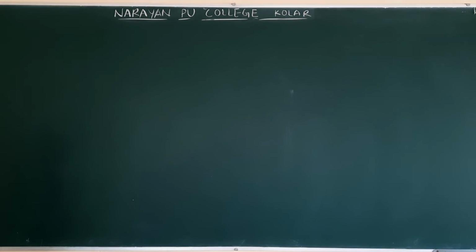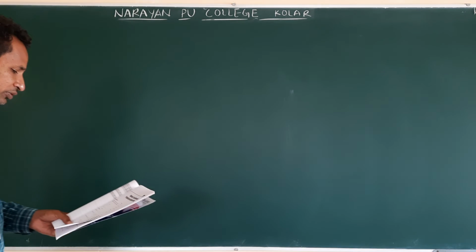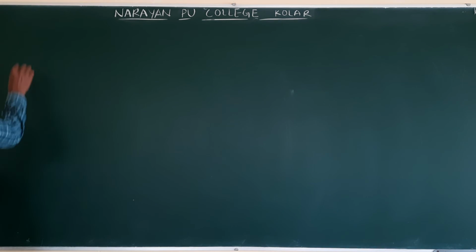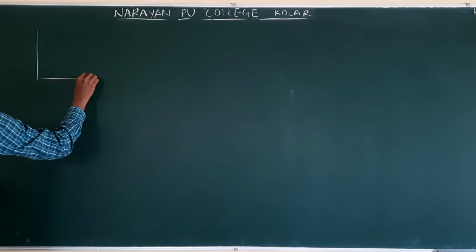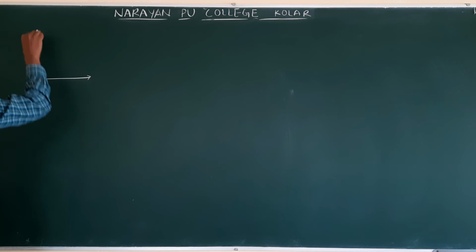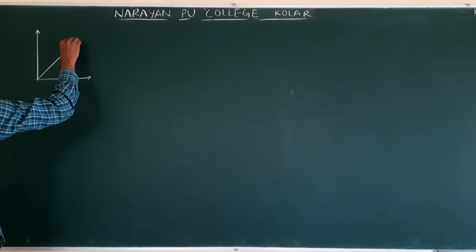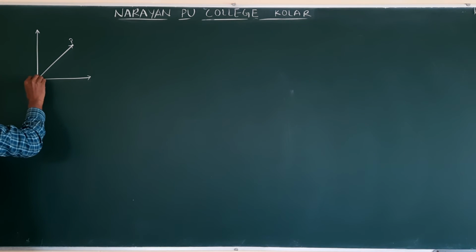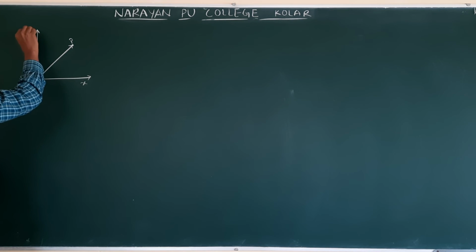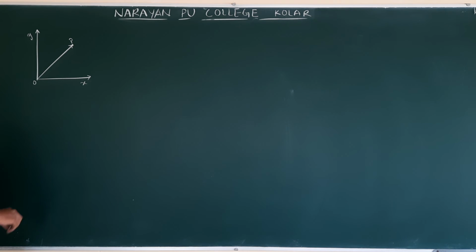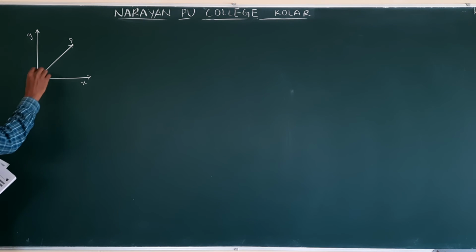Okay, first they give a position vector. Already this we have seen. I explained clearly which specify the position. This is coordinates x and y, origin O. OP is the position vector.